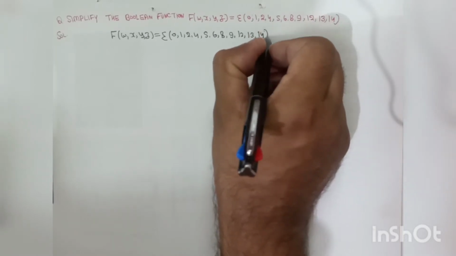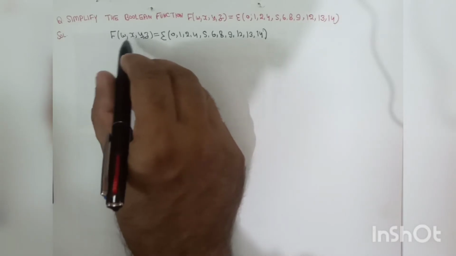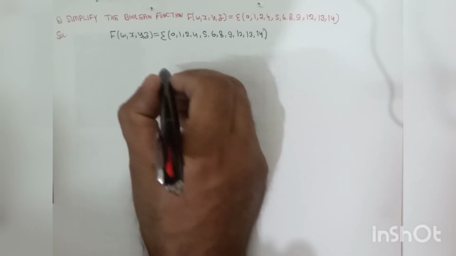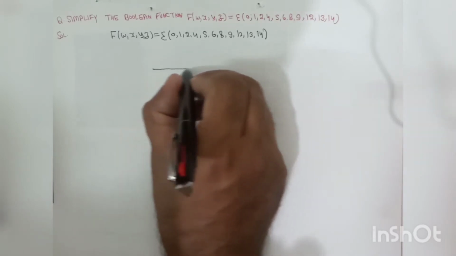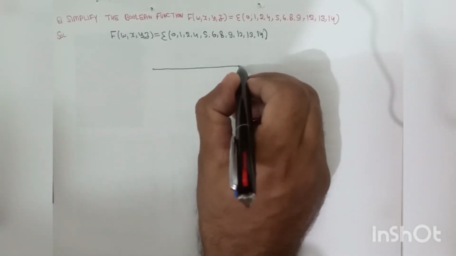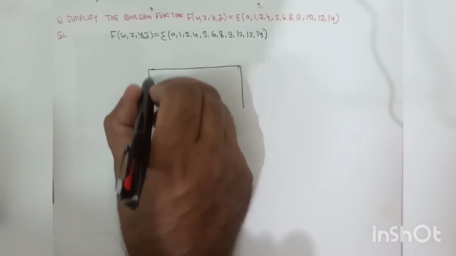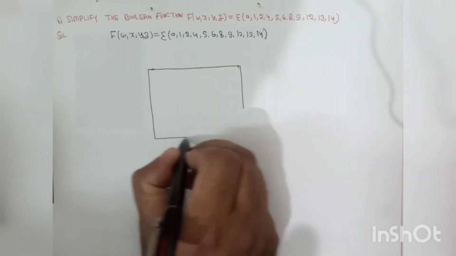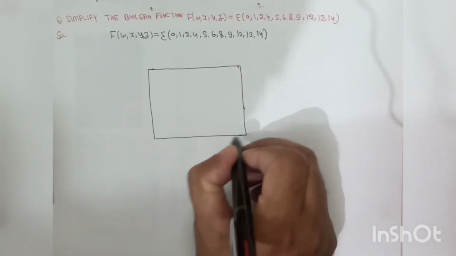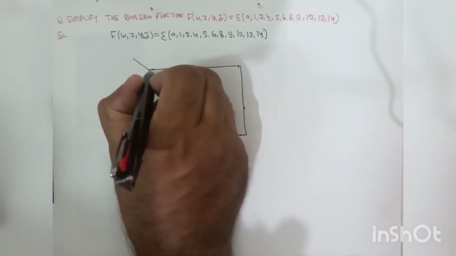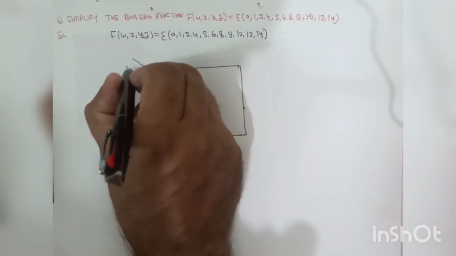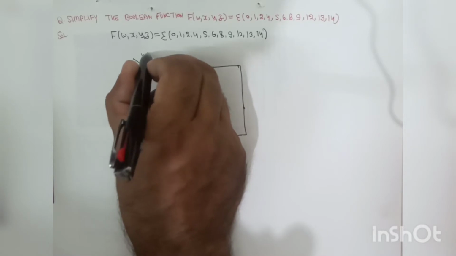So for simplification, we have to draw the four variable K-map because there are four variables w, x, y, and z. First we will draw the four variable K-map. These are variables w and x, and here are variables y and z.